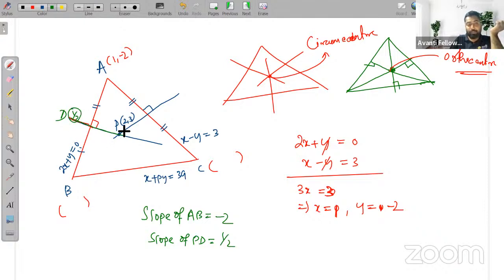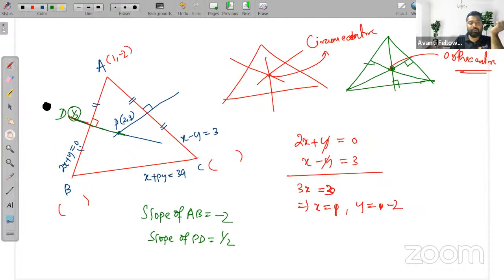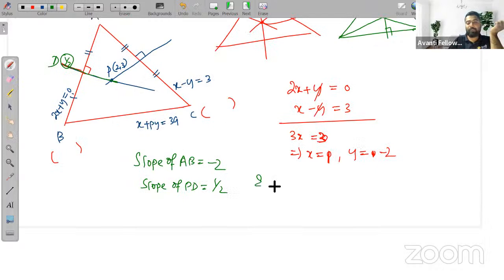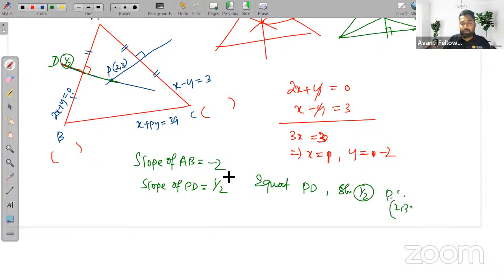And it is also passing through the point (2, 3). Yes or no? Then easily you can get the equation of PD. The line PD has slope 1 by 2 and passes through the point (2, 3). So what is the equation?